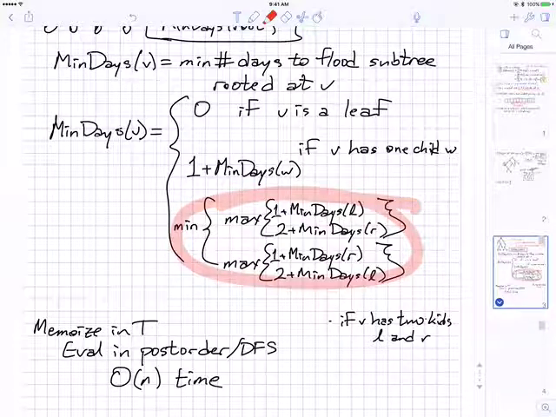And at this point, it really does pay to argue that I want to consider the children in order of decreasing value of min days. So recursively evaluate min days of my children, and then I need to sum them up, but with the first child having a penalty of 1, the second child a penalty of 2, and so on.